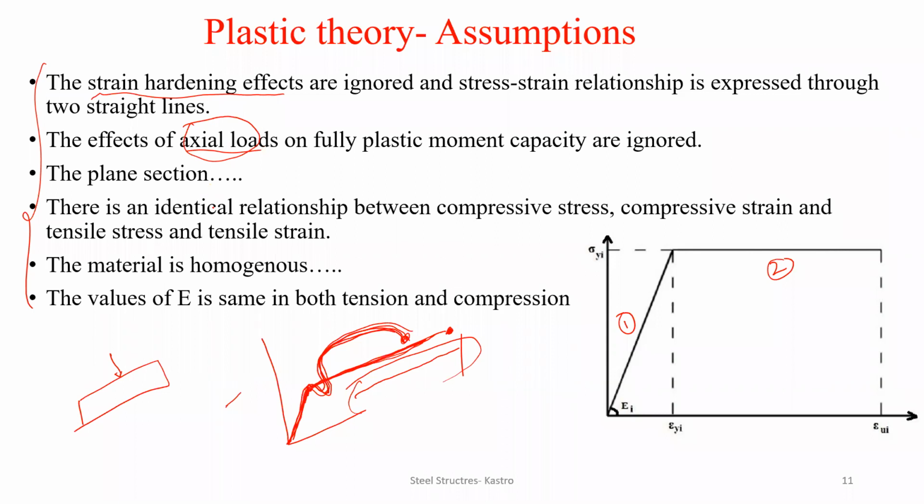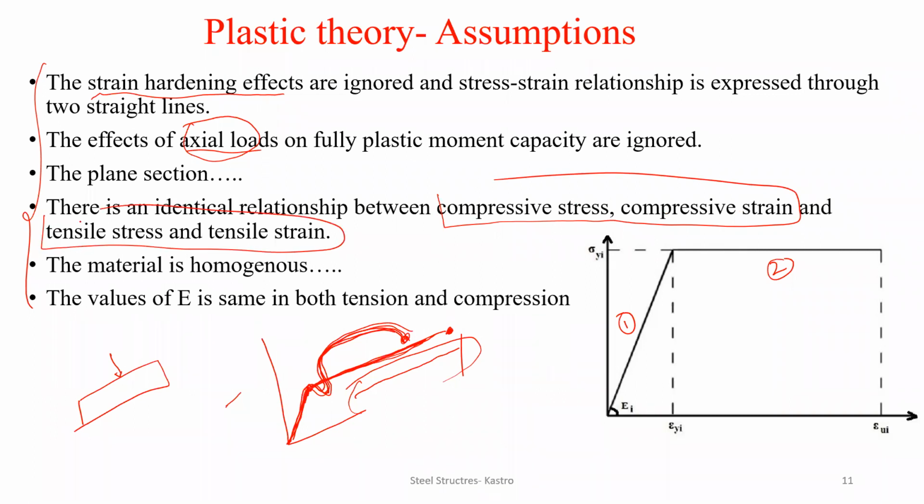And the fourth assumption is that there is an identical relationship between the compressive stress, compressive strain, and the tensile stress and tensile strain. You know all these formulas: stress equals load by area, right? Strain equals change in length by original length. And they said that we are going to assume there is a constitutive relationship between the compressive stress and strain, and the tensile stress and strain.